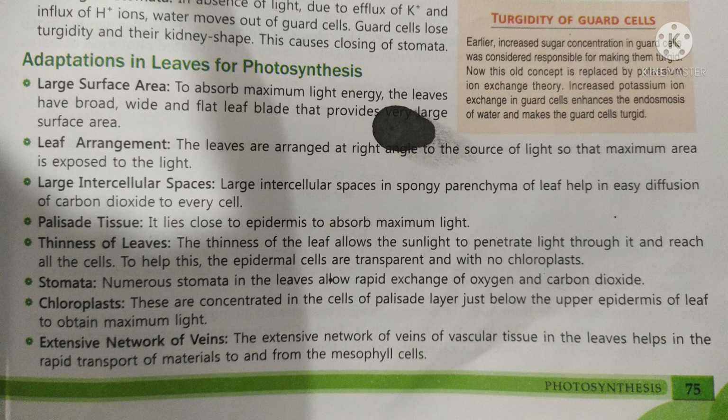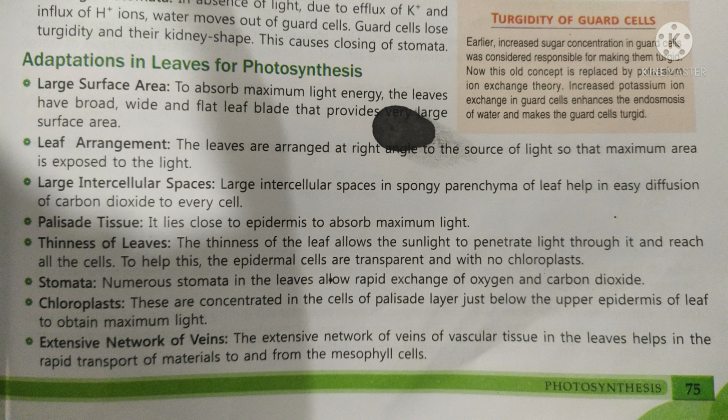Now dear students, let us learn about some of the adaptations in leaves which are necessary for photosynthesis. You know that the leaves have a large surface area, and the leaves are broad, wide, and have a flattened leaf blade that provides them the large surface area. And the second important thing is the leaf arrangement.